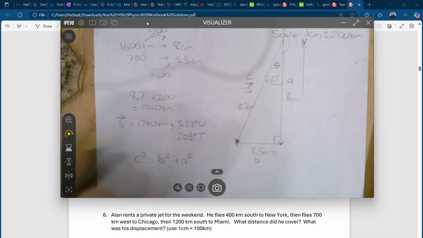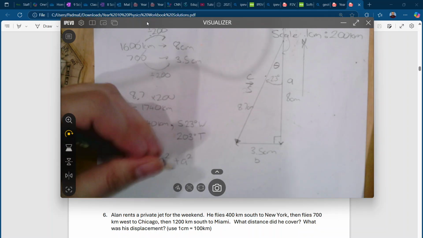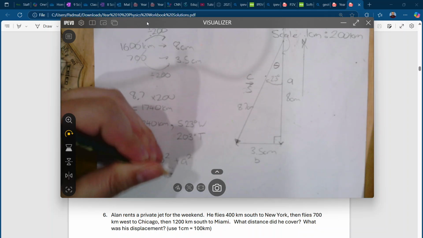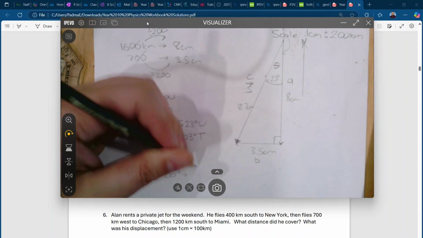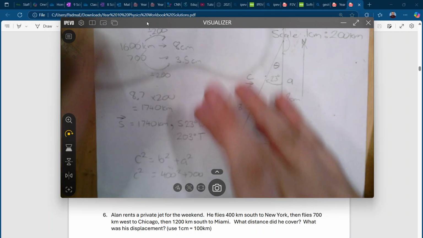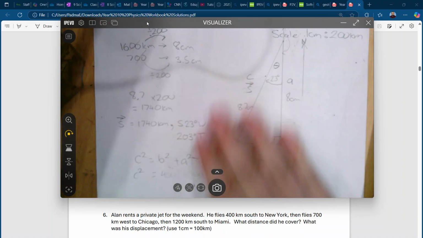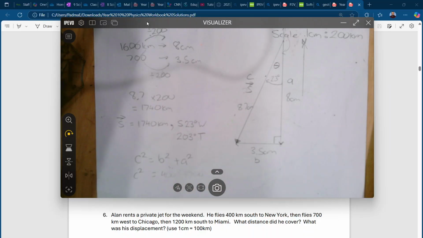Now we're going to go back to our original values. So C squared equals, now some of you are welcome to skip ahead if you are bored because you know how to do this. Oops, actually not the original. Apologies. We just want the total south.